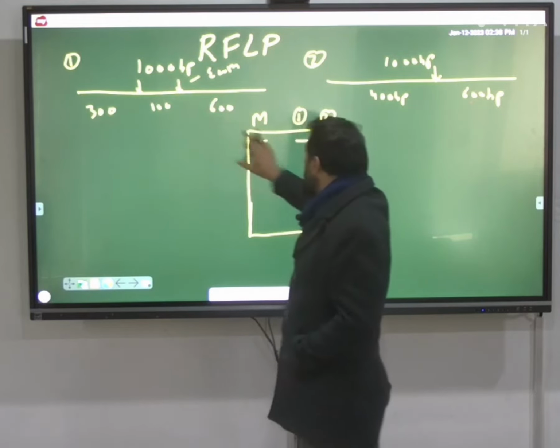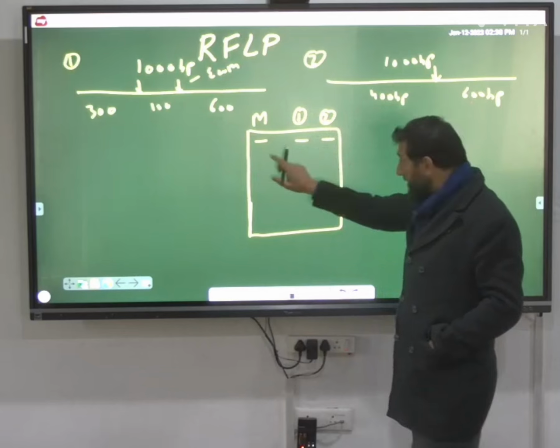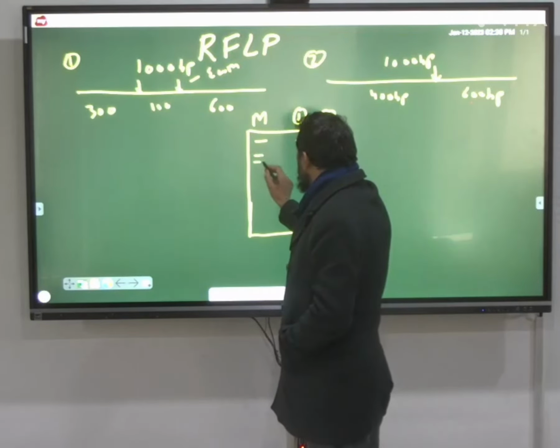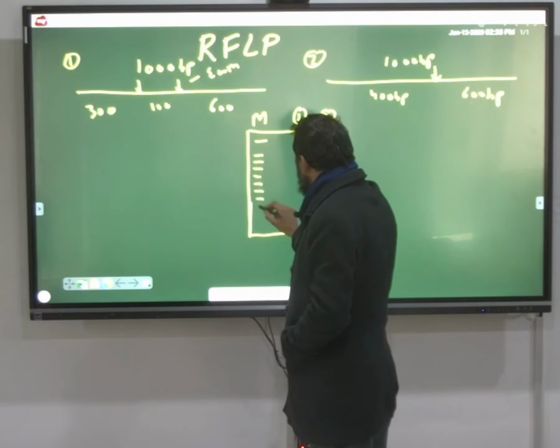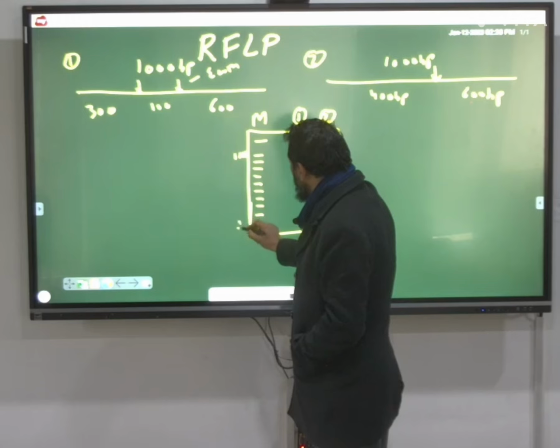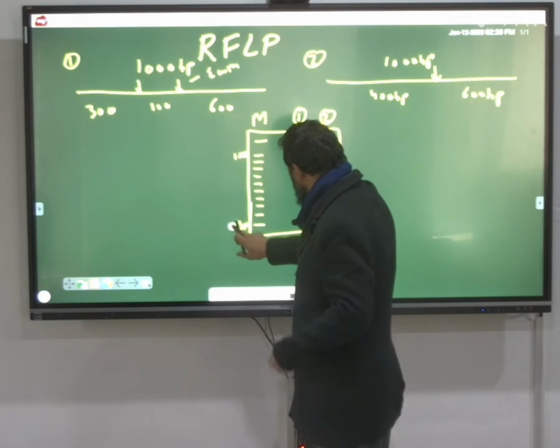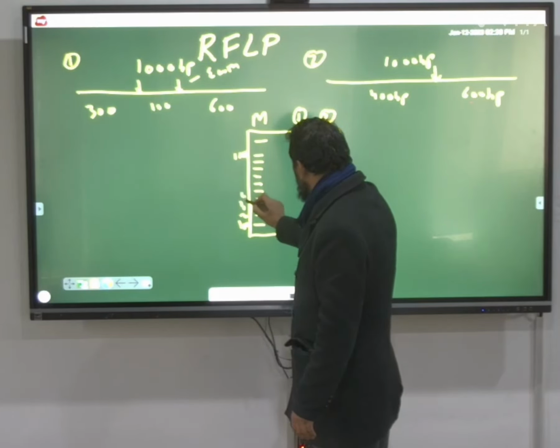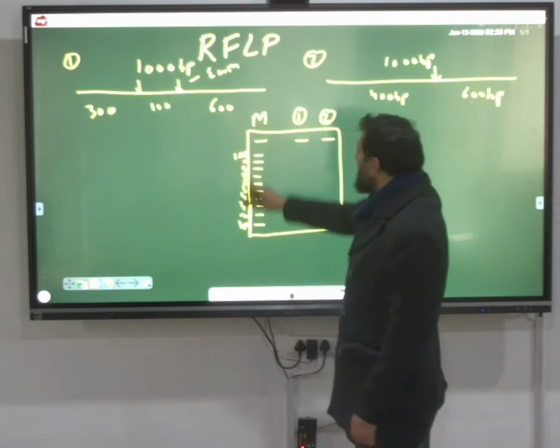So this is one DNA we load here, second DNA we load here, and this is a marker that will tell us this is 1000 or 1 kb, and this is 0.1 kb or 100 base pair. This is 200 base pair, this is 300 base pair, 400, 500, and so on.